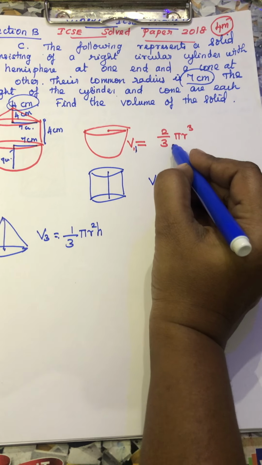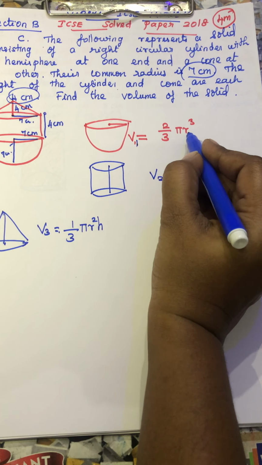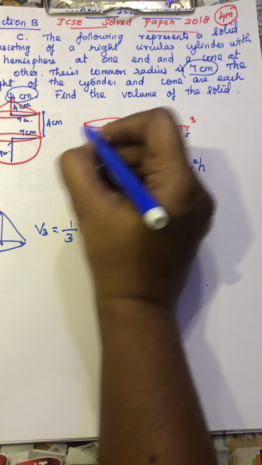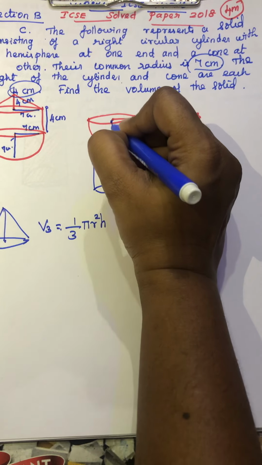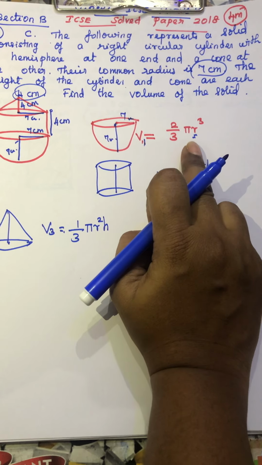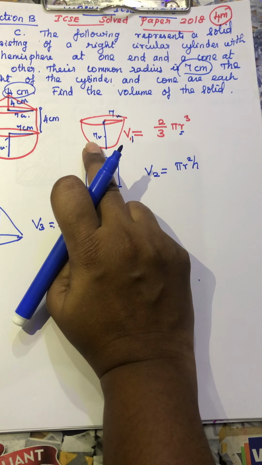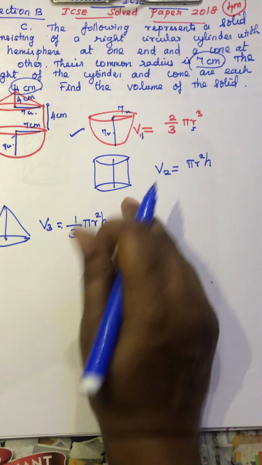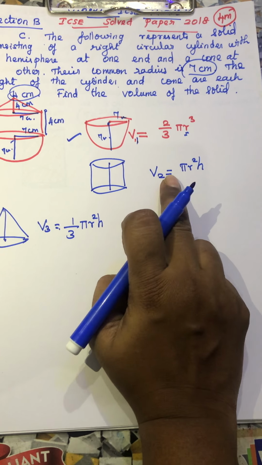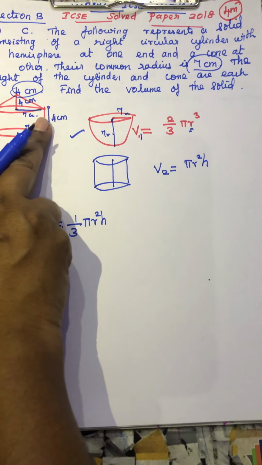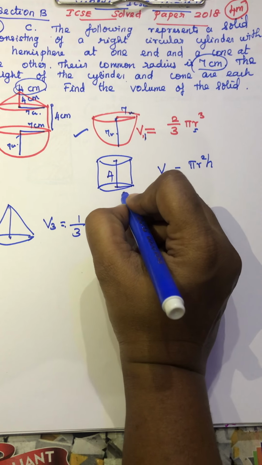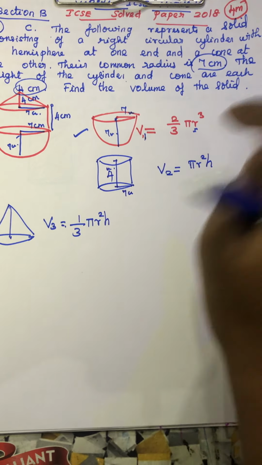To find these volumes we need r and h. What is r? That is 7. So the radius is 7, and you can find the volume of the hemisphere. For the cylinder we need r and h. The height is 4 and the radius is 7, so both are given.